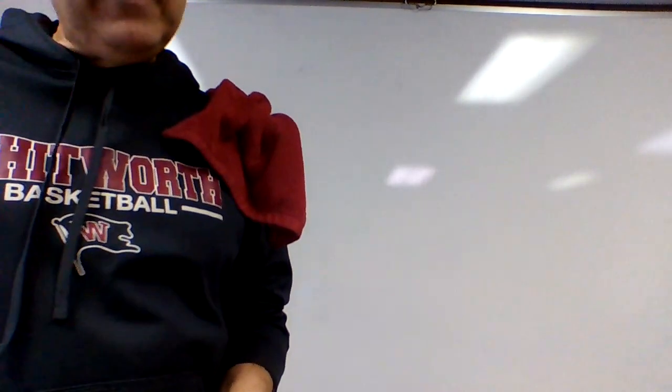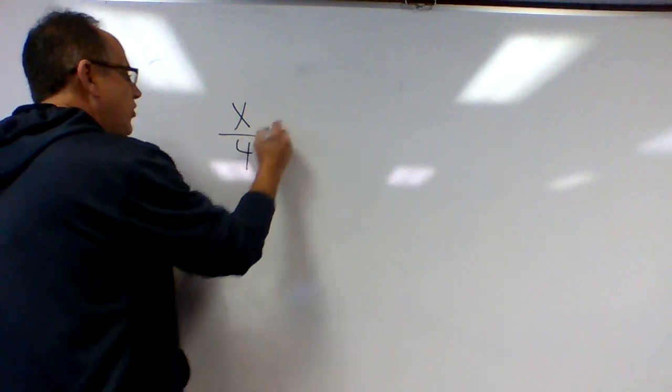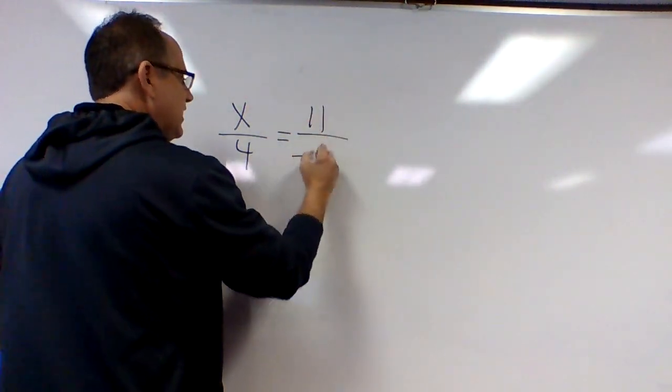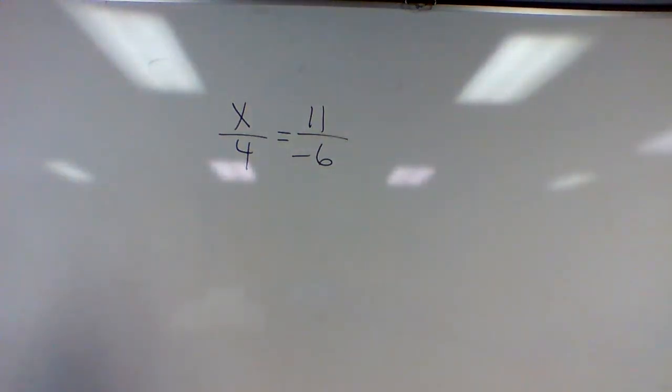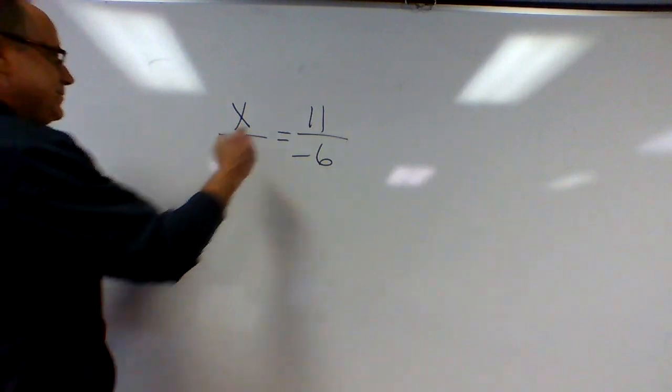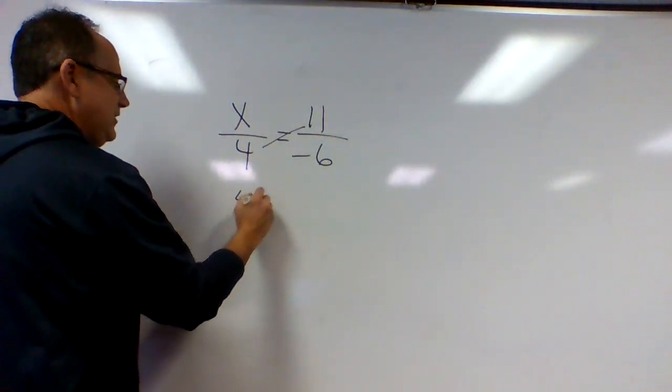Okay, cross products. All right, so we're going to take a look at page 463, go through a couple of examples, and you're going to be good to go. x over 4 equals 11 over negative 6. We multiply the means together, 4 times 11.